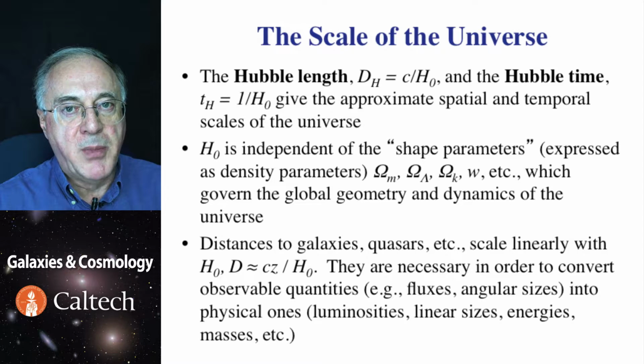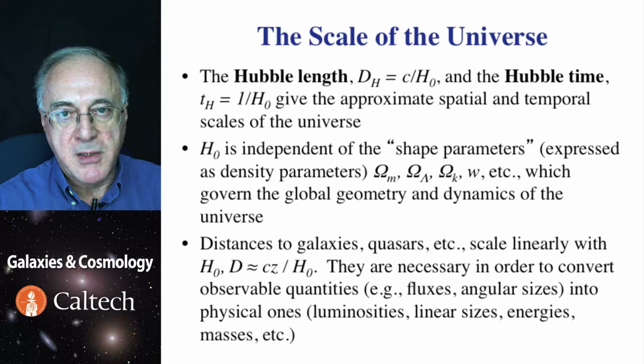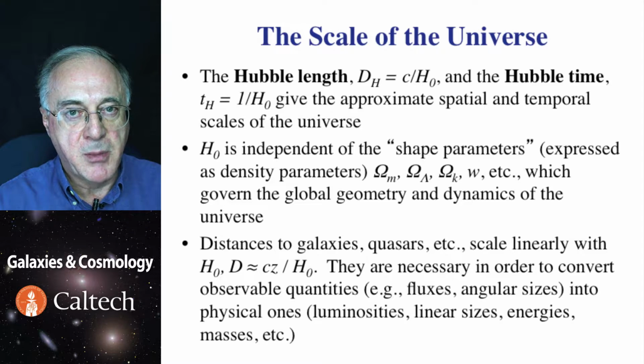Moreover, physical parameters of objects like galaxies or anything else, such as their total luminosity or their masses or physical sizes, all scale with the distance, with the appropriate power. And in order to understand these objects better, and how they form and how they evolve, we need distances to them.